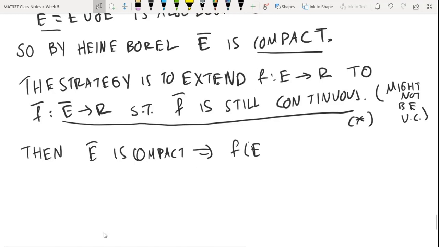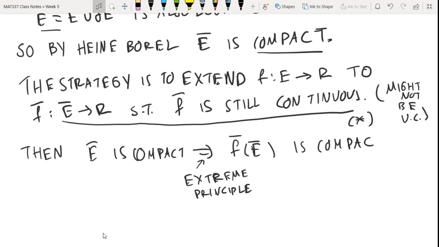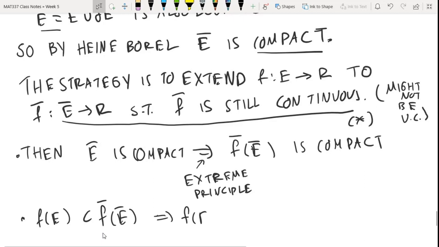So f of E bar, this was the extreme value principle, f of E bar is compact. So that's 1. And 2, f of E, we'll show this, is inside f bar of E bar. And so f of E is also bounded.